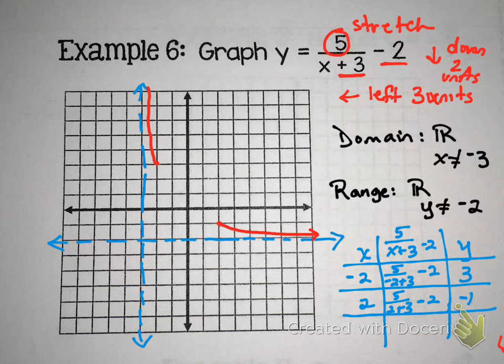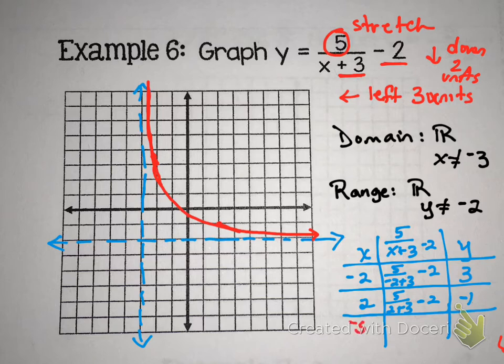If we put in a 0, that would be 5/3 minus 2, which is 6/3, would be negative 1/3. I don't know exactly how this is going to behave right here in the middle. I could work it out, but it just gets ugly, and I don't want to get that particular doing this by hand. I just want an idea of what's happening. Now on the other side, what if we put in a -5?